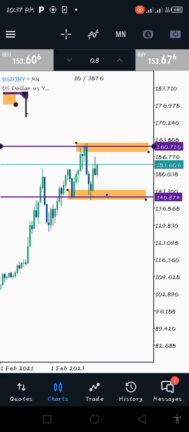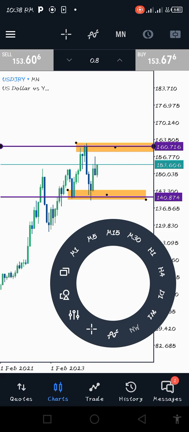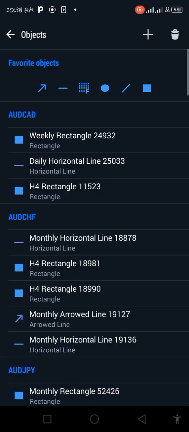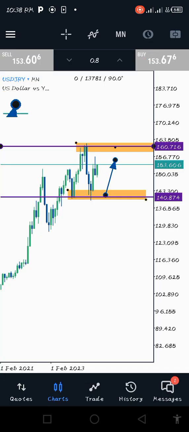What do we understand basically? On the discounted part, we are expecting price to bounce off and give us buying opportunities, and from the upper part we are expecting selling opportunities.